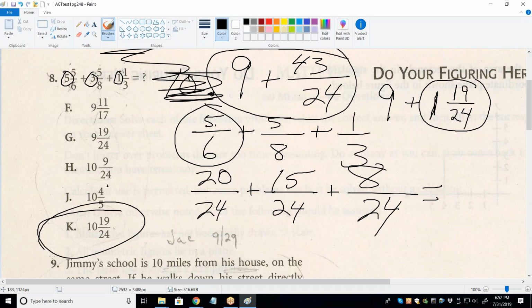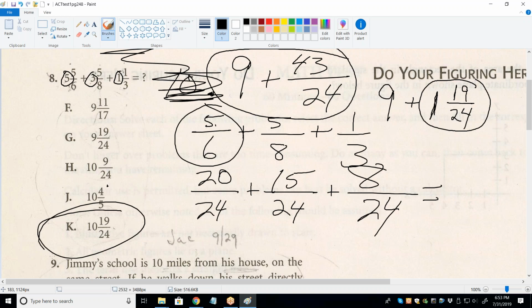Because 5 and 5/6 gives you a decimal, 3 and 5/8 gives you a decimal, 1 1/3 gives you a decimal. You add them all together, you're going to get a decimal. You're not going to get 19 24ths.